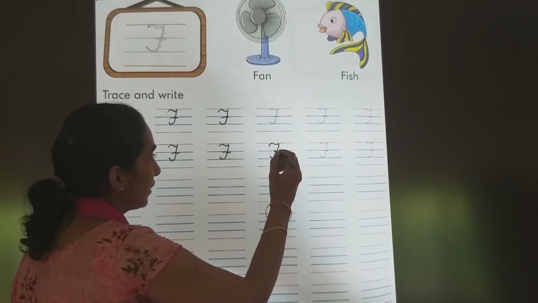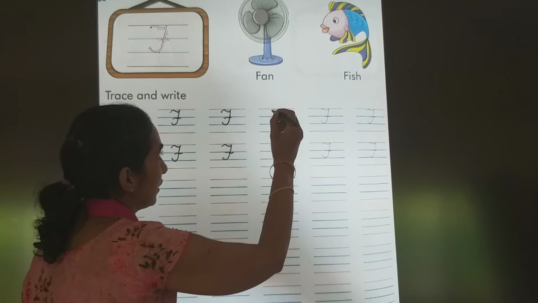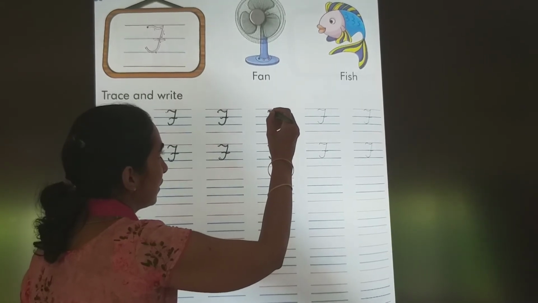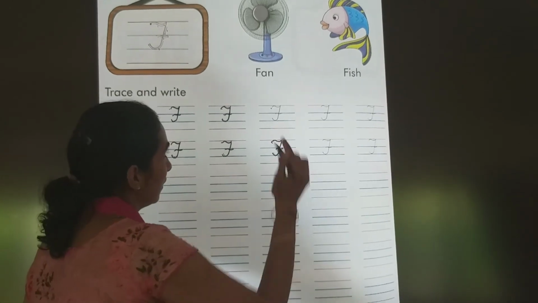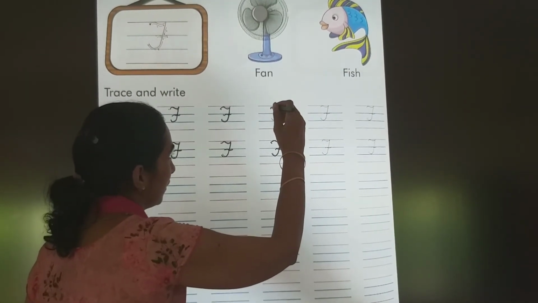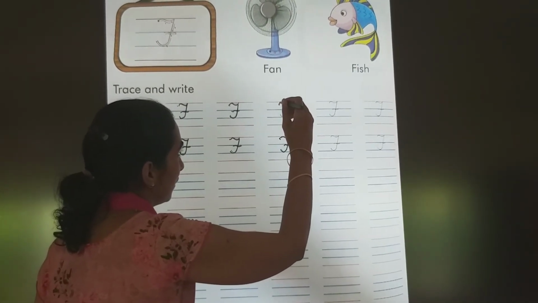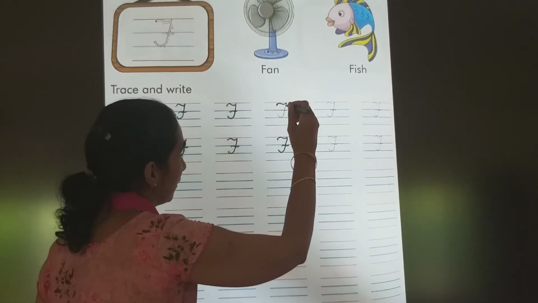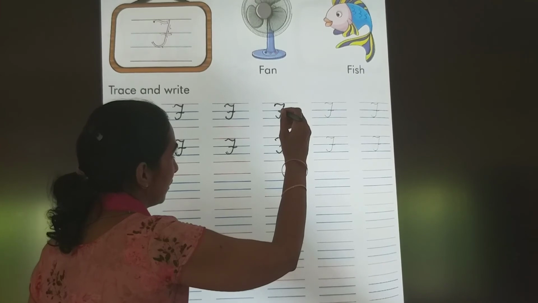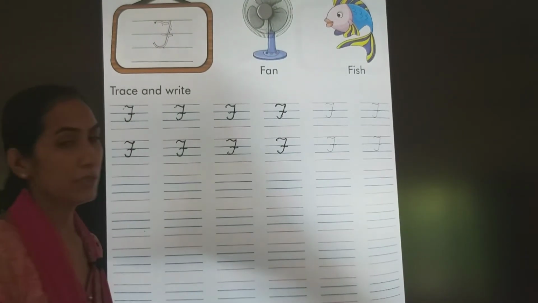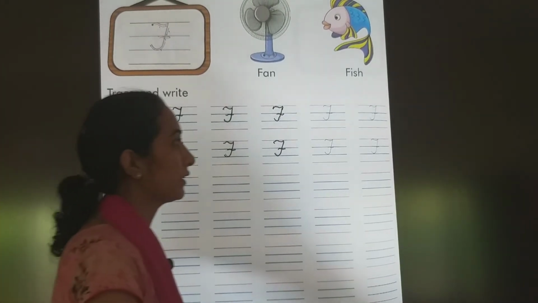This is cursive F, right? Now let us see the small f.